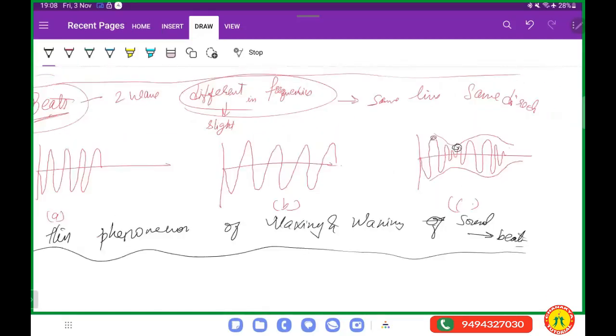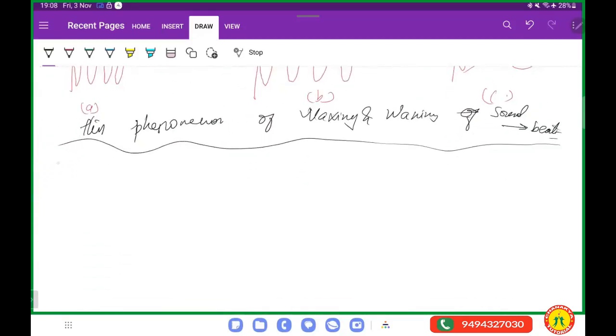So let's take an example: y1 equals a sin 2π n1 t and y2 equals a sin 2π n2 t.